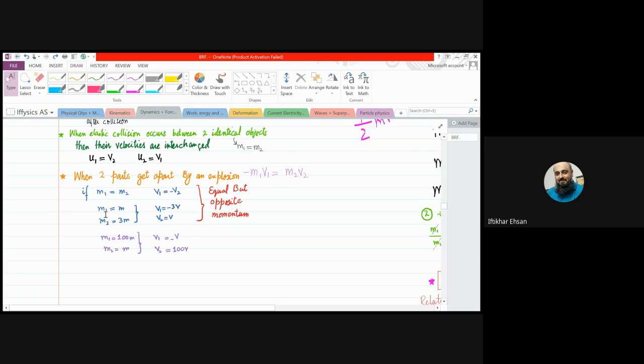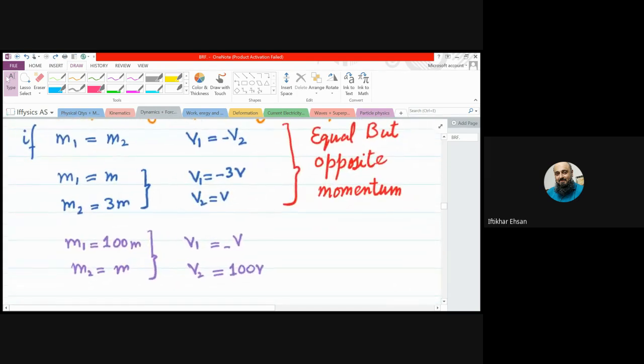But sometimes the pieces are not equal. Let's say m1 is M and m2 is three times M. Then how can you have equal momentum? If the mass of one piece is three times higher, then its speed will be three times lesser than the other. It's opposite. This point is important.